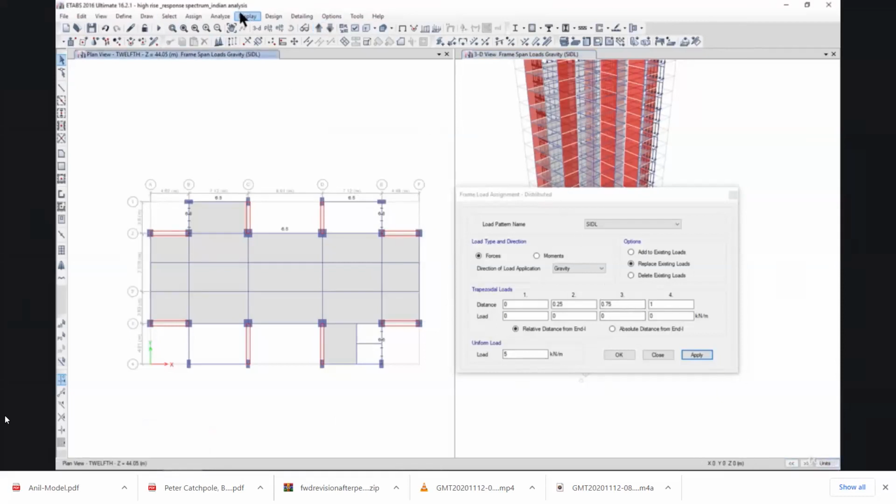So we can go for display. Please note that if a loading value is given, the all story and one story option will not come here. So we need to go for display undeformed shape. Only then will this option come. So we can select all these beams.